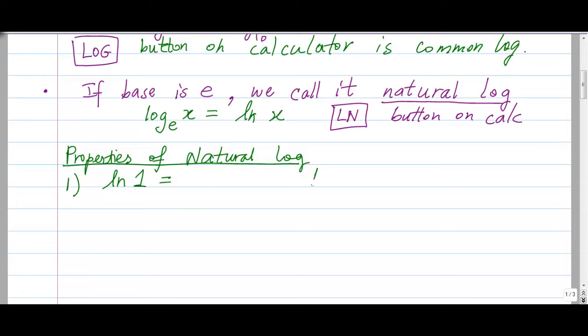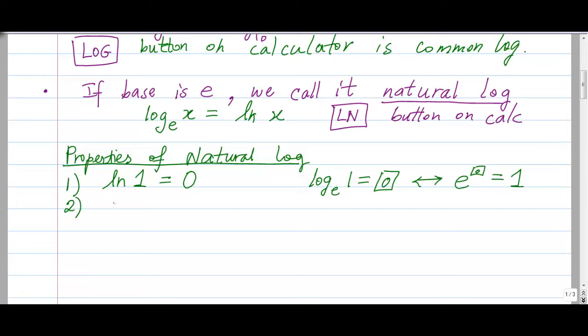Well, let's write this as log base e of 1 equals something. So that is e to the something equals 1. So what power do we raise numbers to get them to equal 1? Well, the answer is 0. So e to the 0 is 1, so natural log of 1 is 0.